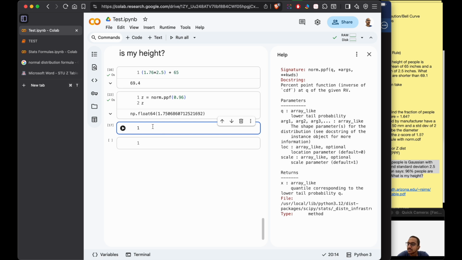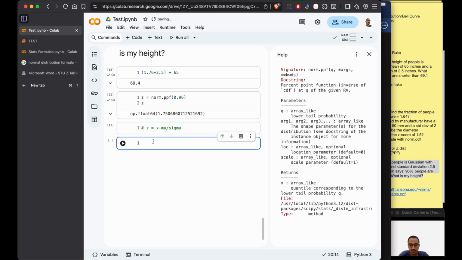And after getting the z-score, we substitute in the formula, which is z equal to x minus mu by sigma. Once we do that, we'll get our value. We already know the z-score, which is 1.7.